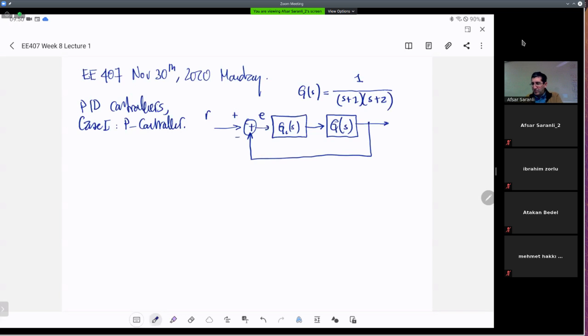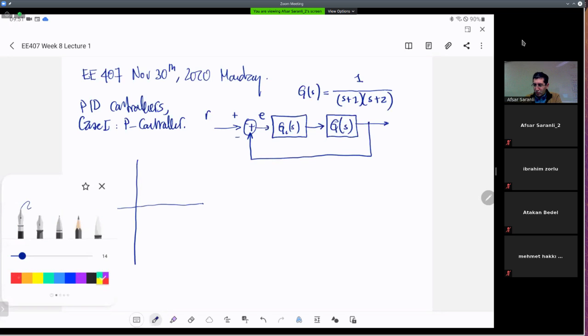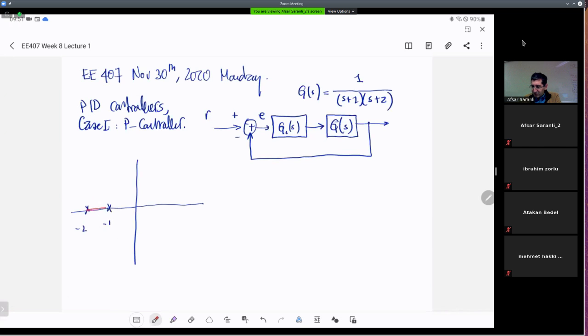Okay, and what we have seen for the P controller is the root locus. Here are the two stable poles of our open loop system at -1 and -2. What we have shown is that the root locus is this region over here.